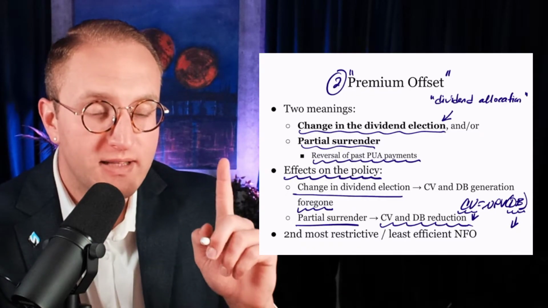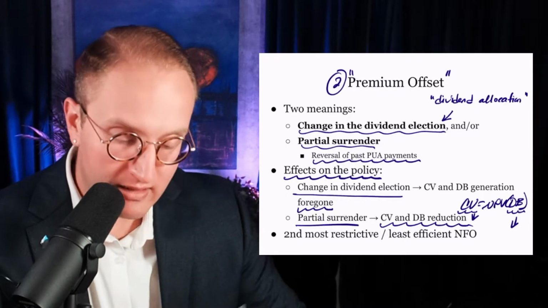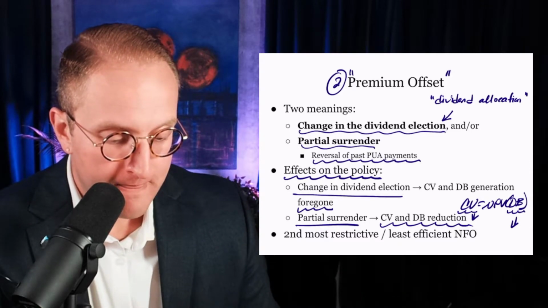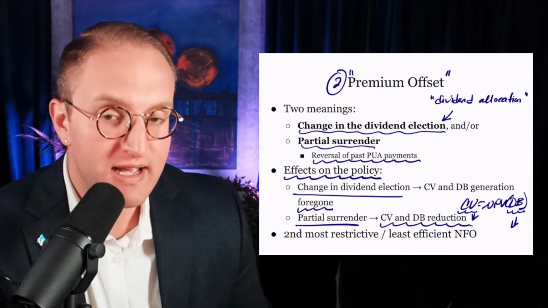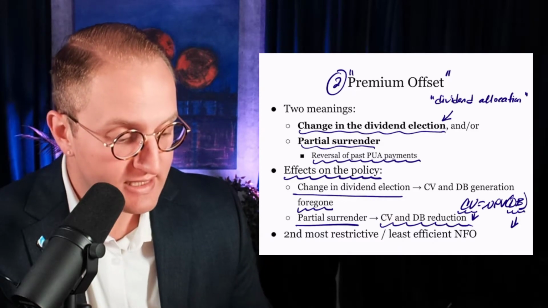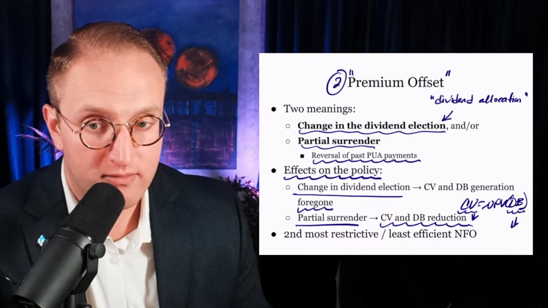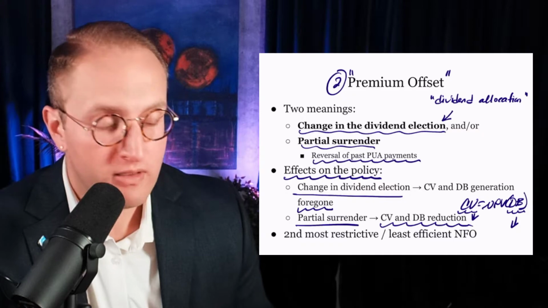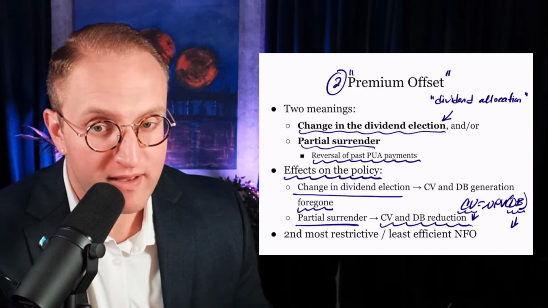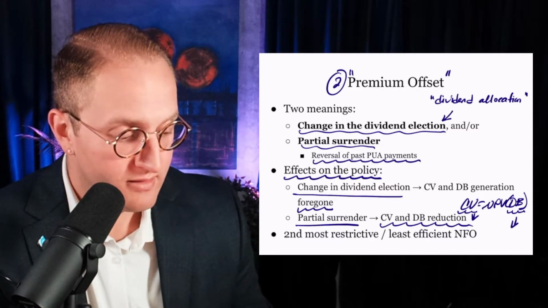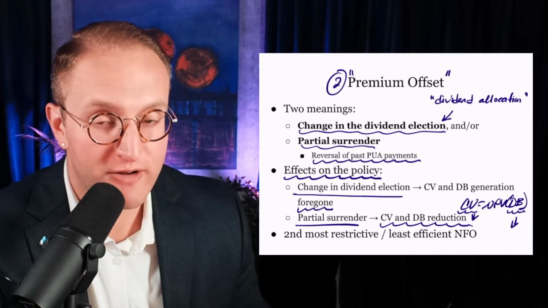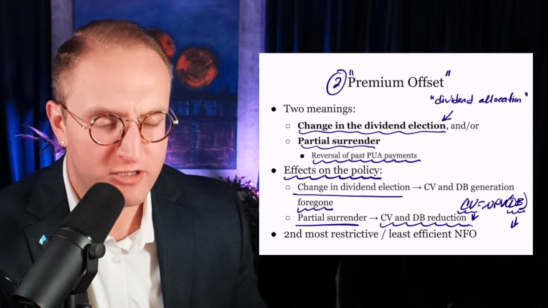It could be the case that late in the life of the contract, the magnitude of the dividend is such that the increase in the death benefit is greater than the decrease in the death benefit necessary to partial surrender and generate funds for the base premium. You see what I'm saying?